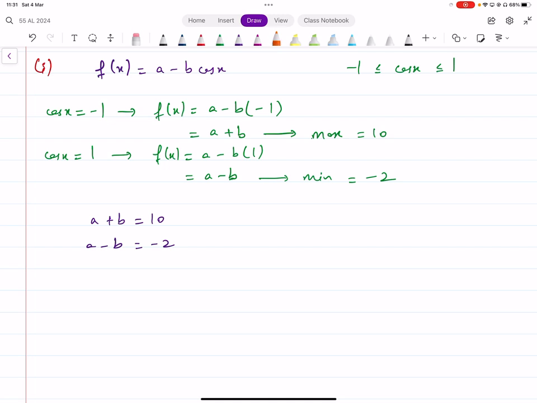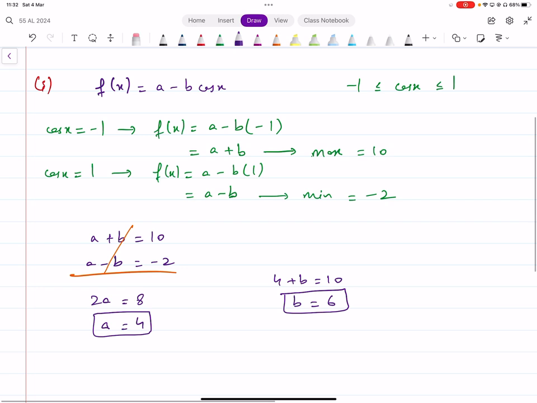We could do elimination. This gets cancelled and we have 2a equal to 8, a equals 4. Now put this back in any one of those two equations. 4 plus b equals 10 and b equals 6. These are the values of a and b that we have.